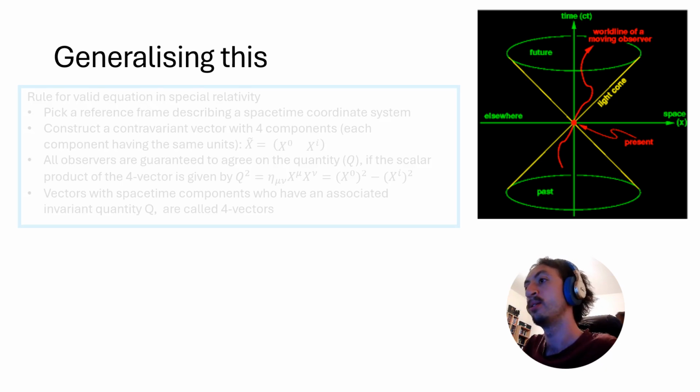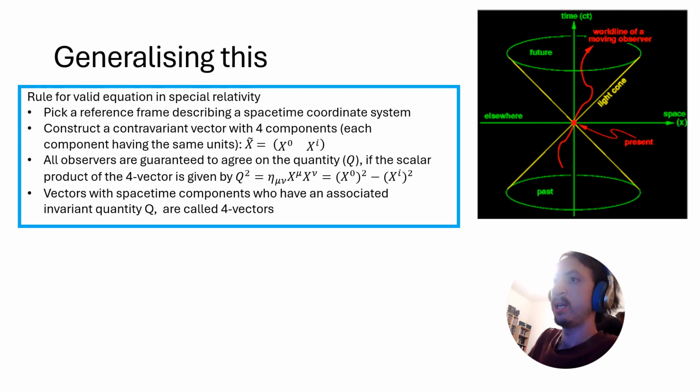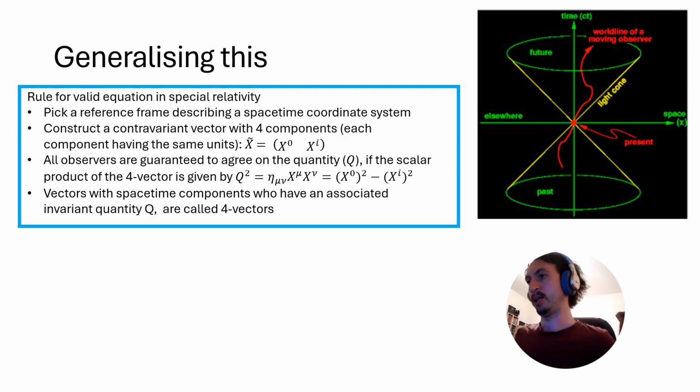Now, generalising back to four vectors, what we said about finding an invariant quantity from them, the general recipe within special relativity is: you firstly pick a reference frame, because we have to describe where events are in space-time using some axes in space-time. So you pick a particular reference frame, or in other words, a particular coordinate system.